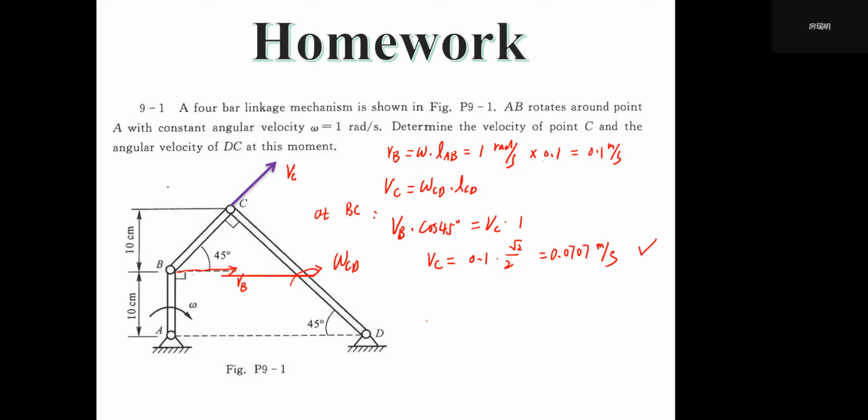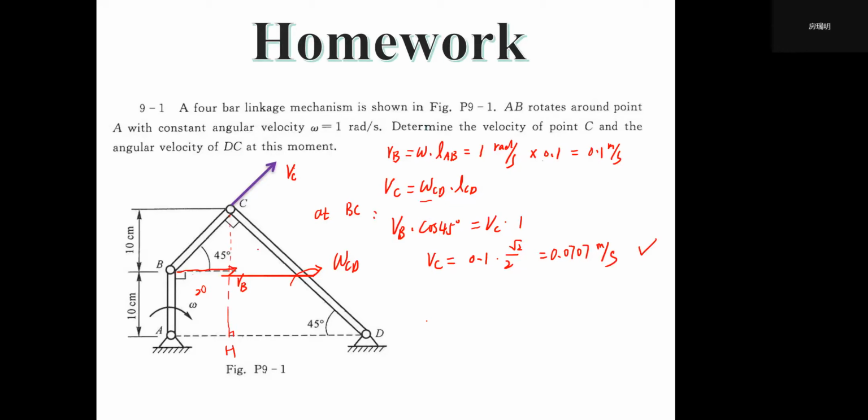And then the second task, we should know the angular velocity of DC, right? So actually omega CD is here. We just need to find the length of LCD from geometrical conditions here. So let me try. If I draw a perpendicular auxiliary line here, you guys will know actually this will be 20 centimeters, right?